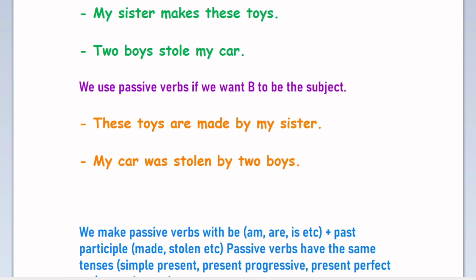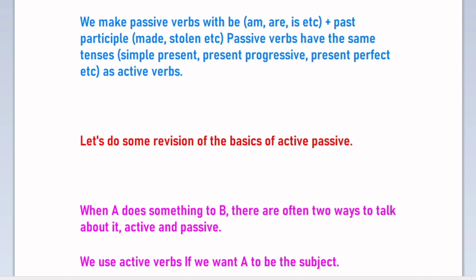We make passive verbs with be, am, are, is, etc. plus past participle, made, stolen, etc. Passive verbs have the same tenses: simple present, present progressive, present perfect, etc. as active verbs.